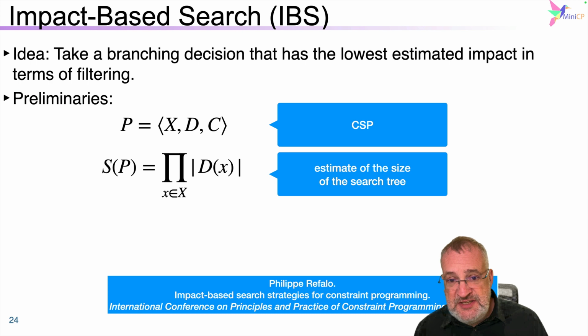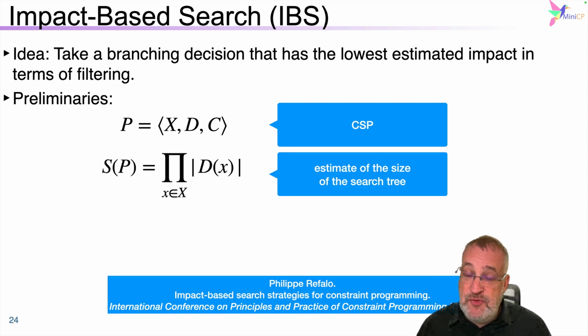And this is neat because now we can say, if we pick a variable and we branch on it, by propagation, that search tree is going to shrink. That search space is going to shrink because via propagation, when you fix a variable, other variables will lose values. And as they lose values, the size of that search space shrinks. So as we make decisions, the size of the search space shrinks, and the amount of shrinkage is a direct function of the variable we pick.